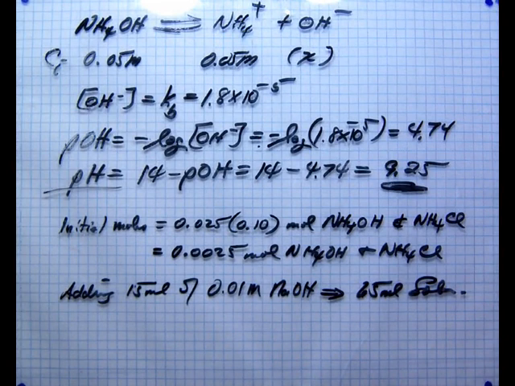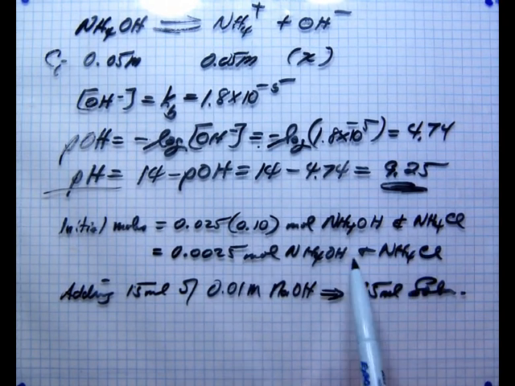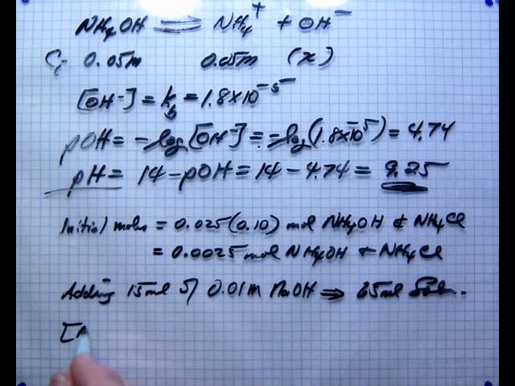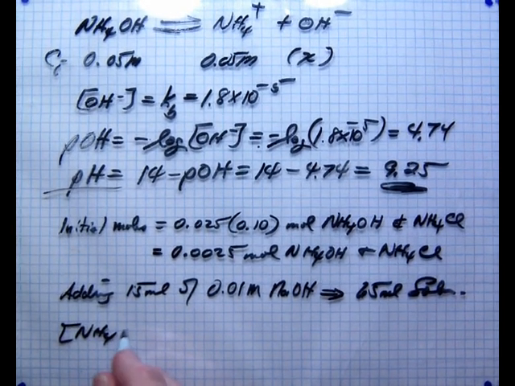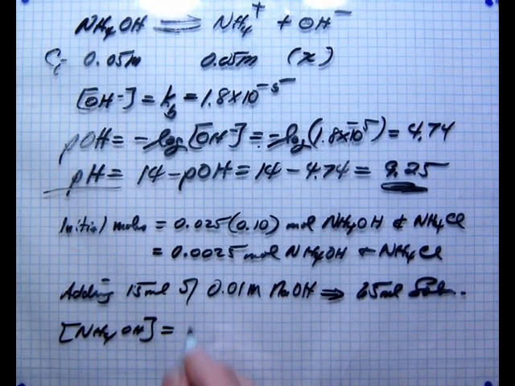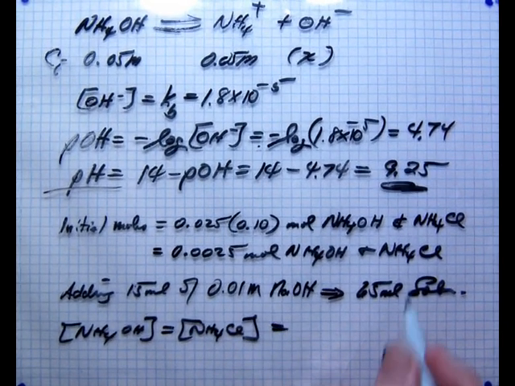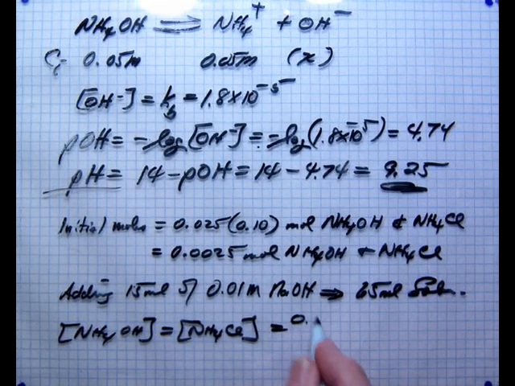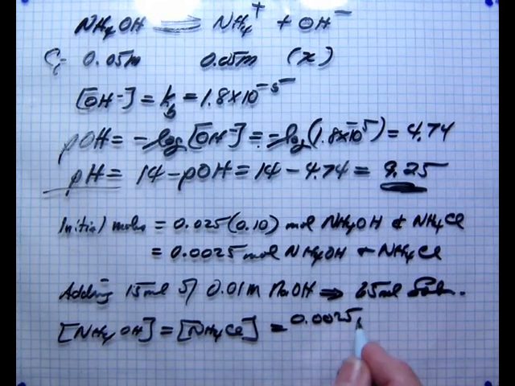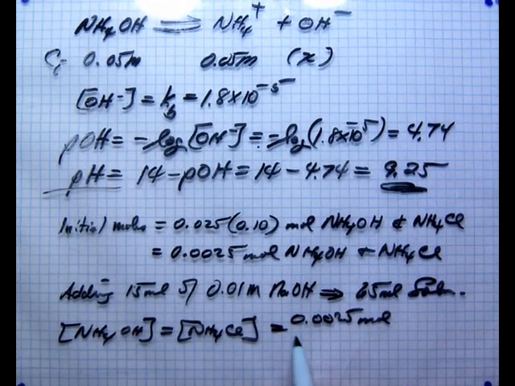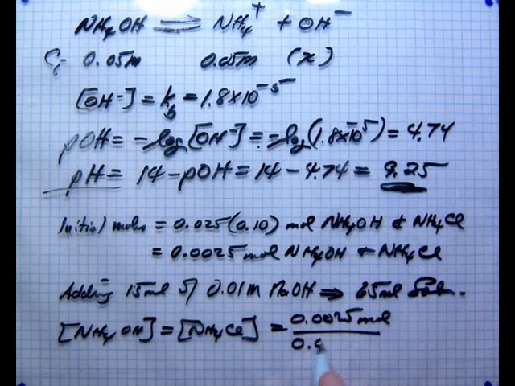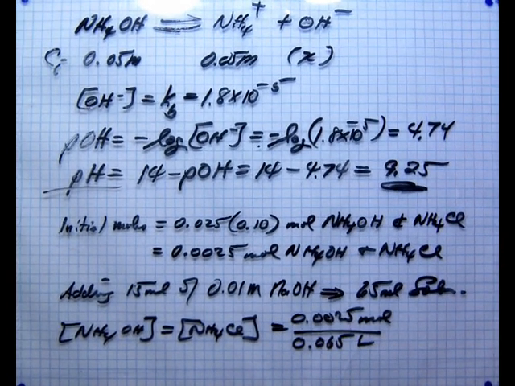So now what's your concentration of the NH4OH and NH4Cl? Well, if we have 0.0025 mole of each of them and 0.065 liters, moles per liters is your concentration.